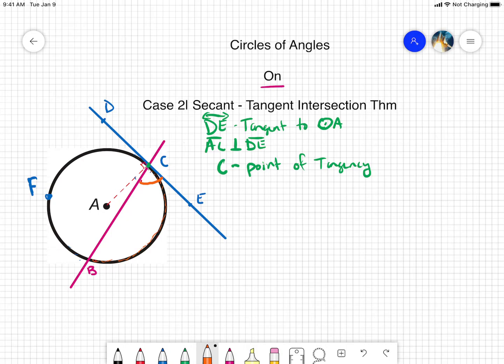And if I look at this entire angle here, it coincides with this arc right here. If I added up both those arcs together, what would I get? 360. But if I added these two angles together, what would I get? 180, because they're a linear pair.